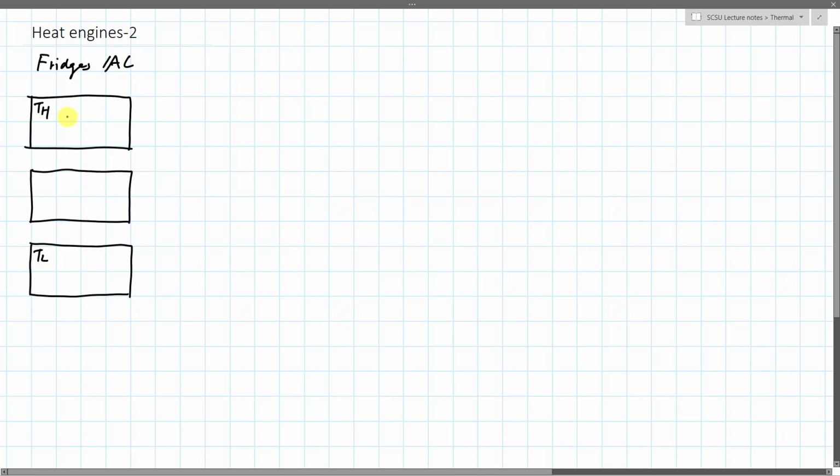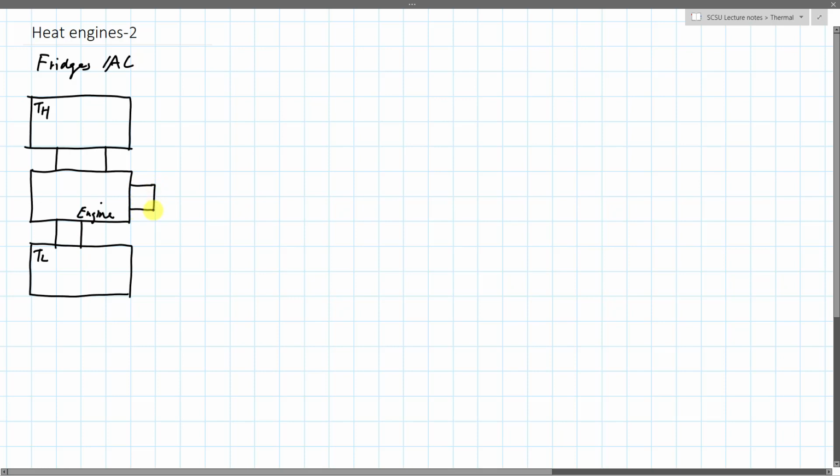Here, let's write engine here. Okay, so again, there's heat transferred in or out of the high temperature source, as we can imagine, low temperature source, and also work.